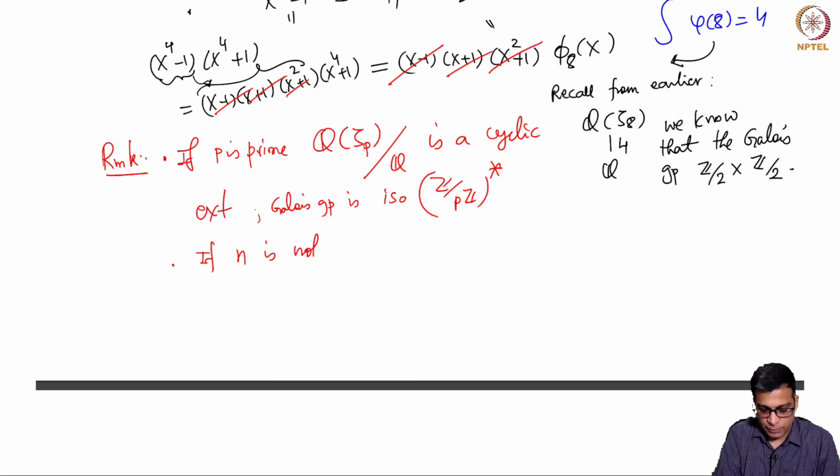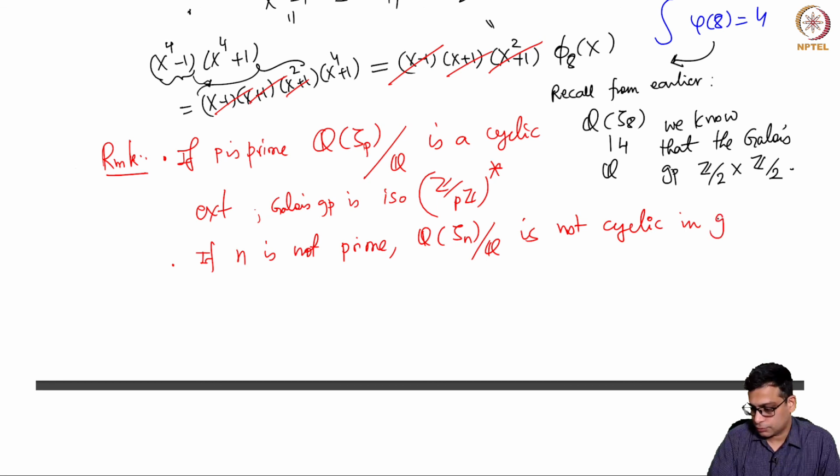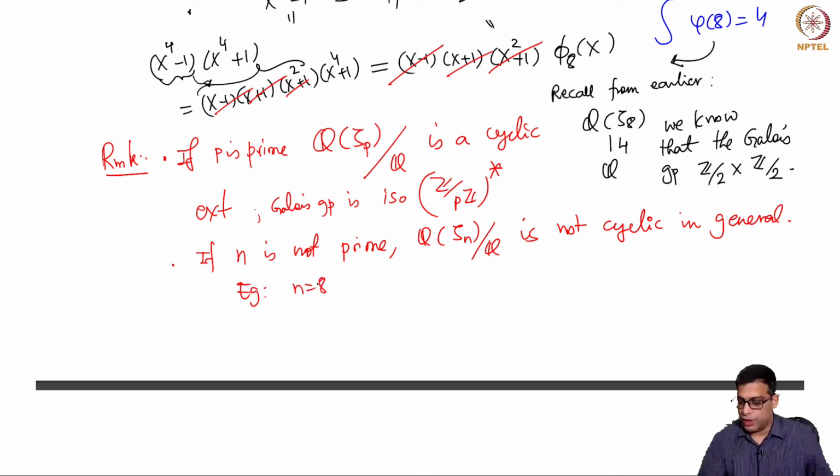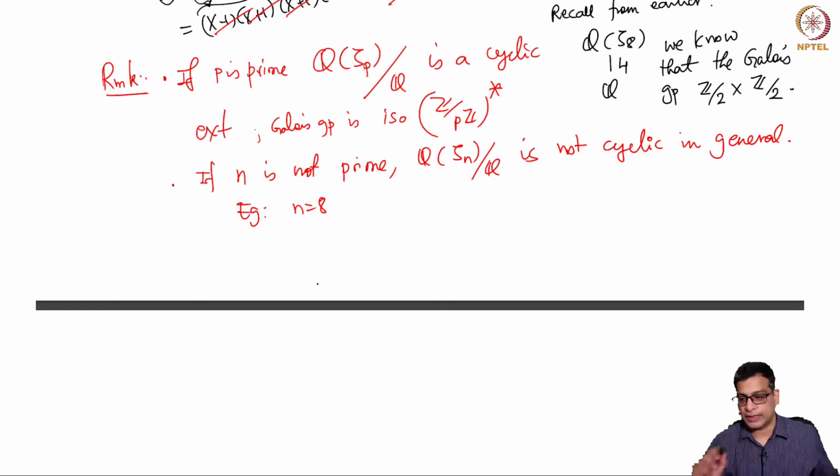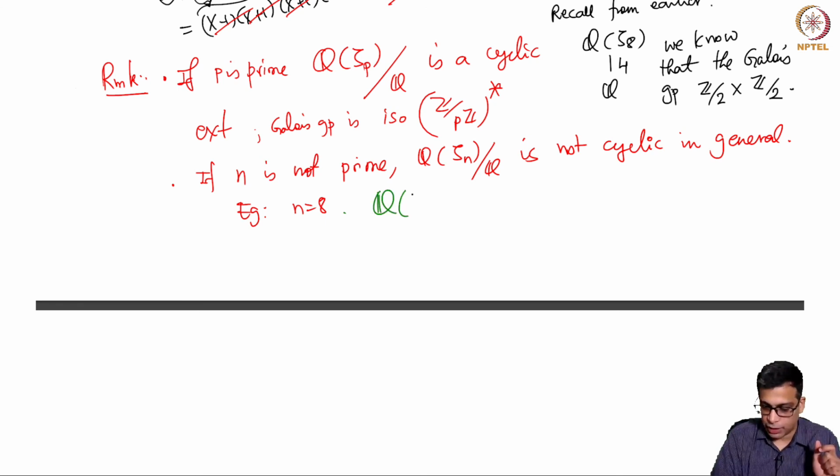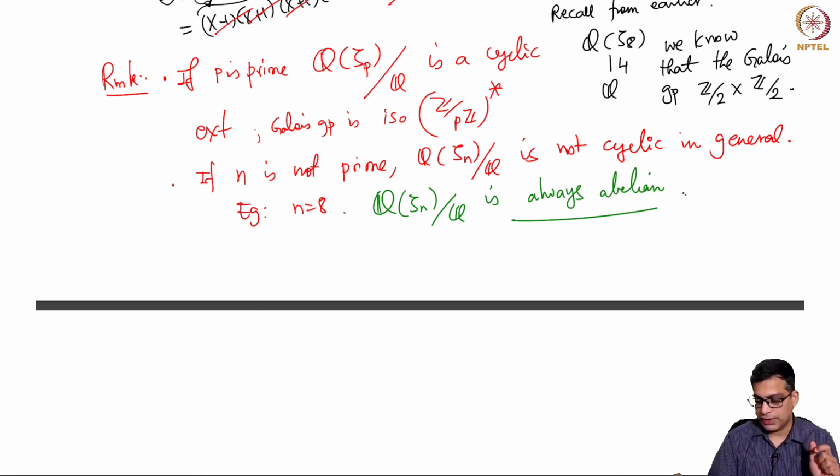But if n is not prime, Q(zeta n) over Q is not cyclic in general. As this example shows, right? Example n equal to 8. Here the order is 4 and the group is Z mod 2 cross Z mod 2. So it is not a cyclic group. However, it is always abelian. This I already argued. Any cyclotomic extension is abelian.